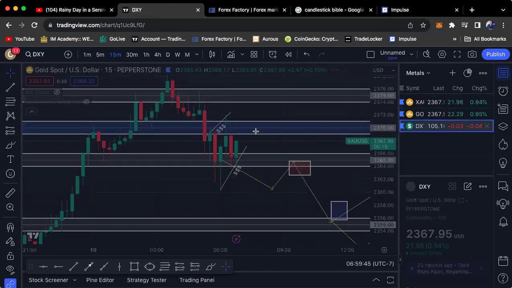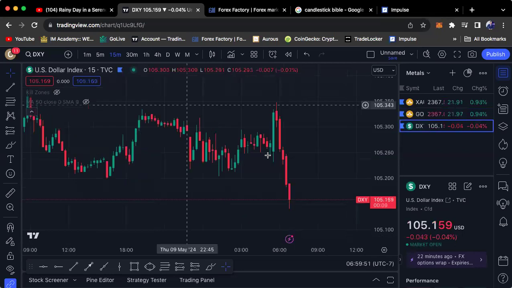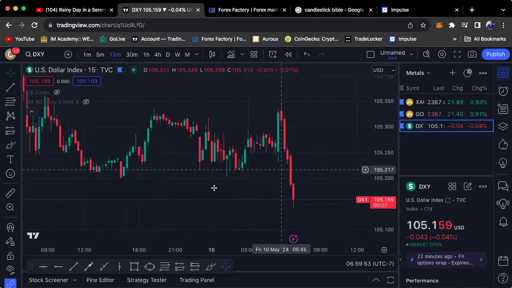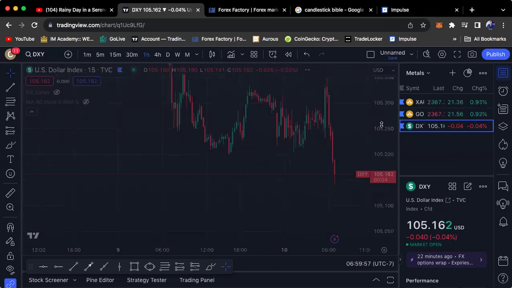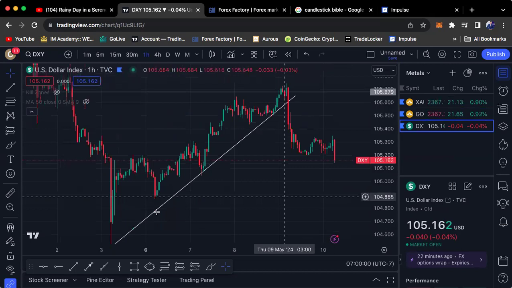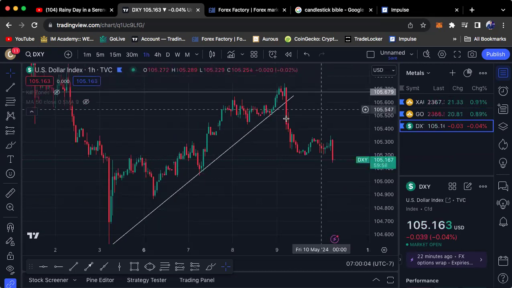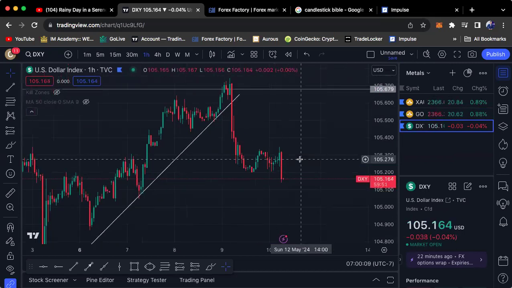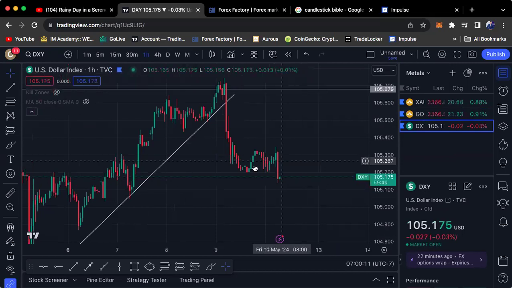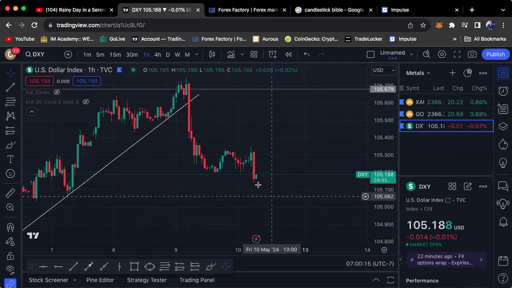Let's look at the dollar. You can also use the dollar for confirmation. Dollar right now is pushing down. See, it wiped up all this liquidity. Dollar is pushing down. Now dollar resulted in a bullish candle.